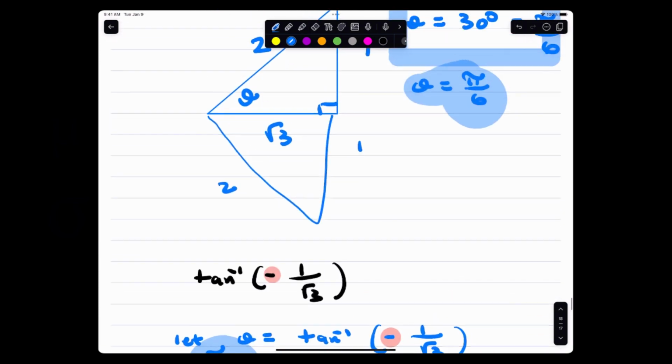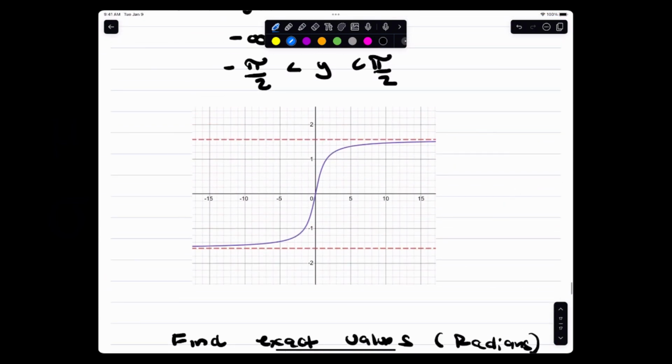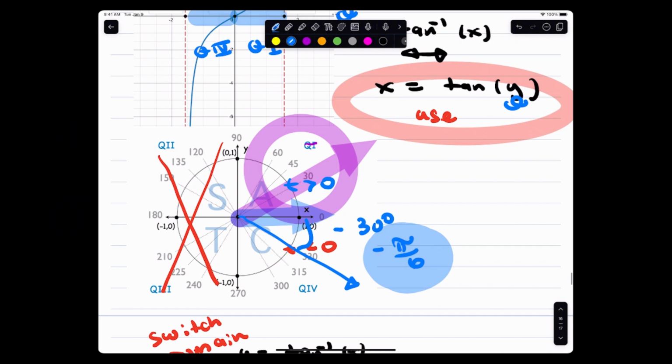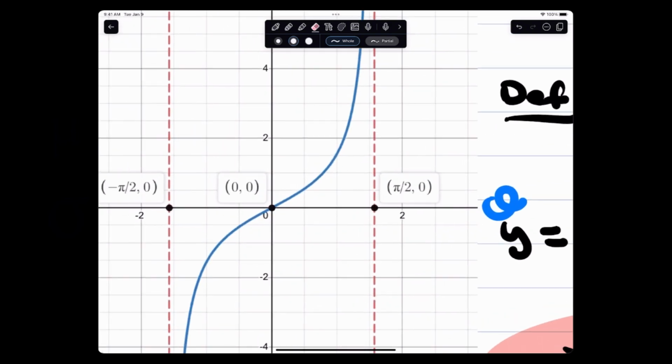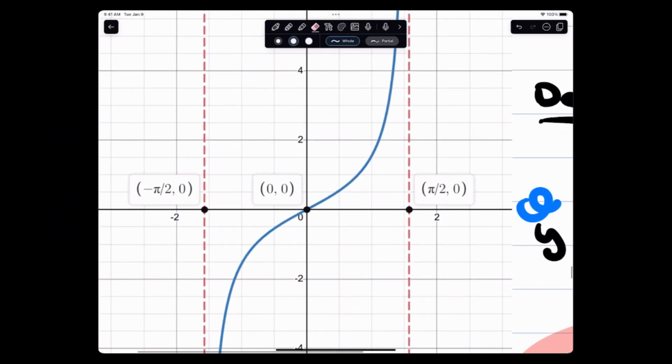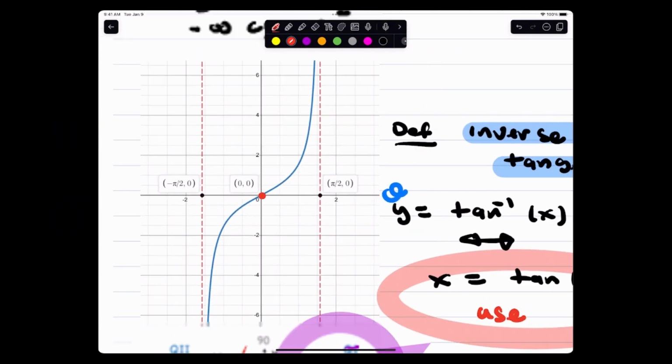Go back to your tangent curve. What are they asking? That's not the tangent. That's inverse tangent. What are they really asking? They're saying, where is our tangent equal to 0? They're asking us for the location of what? This intercept. That happens when theta equals what? 0.